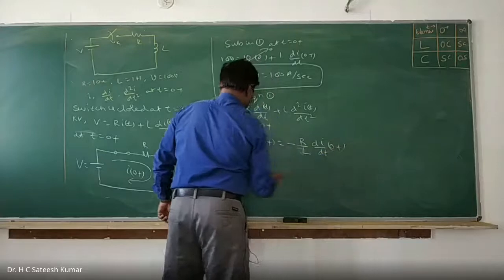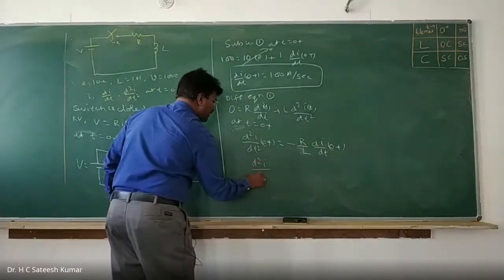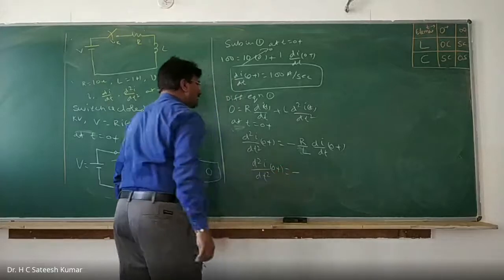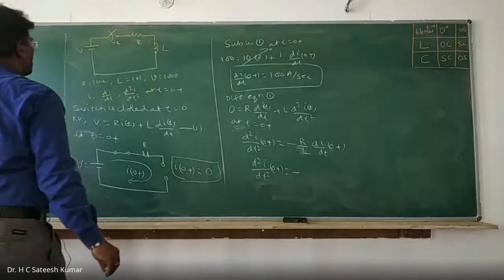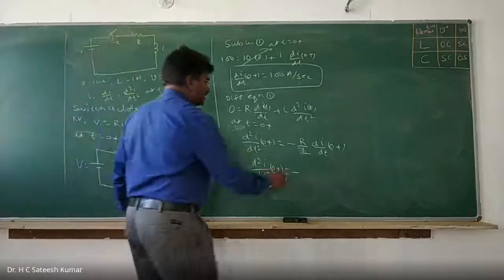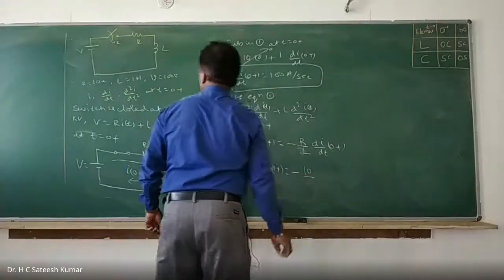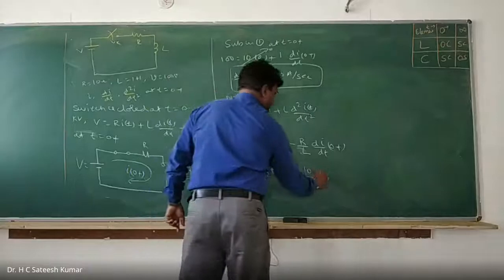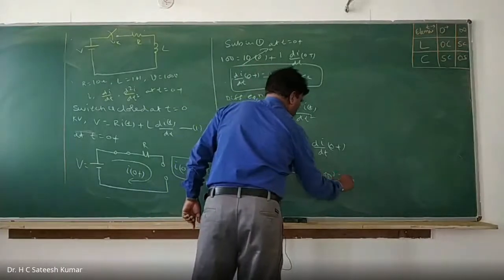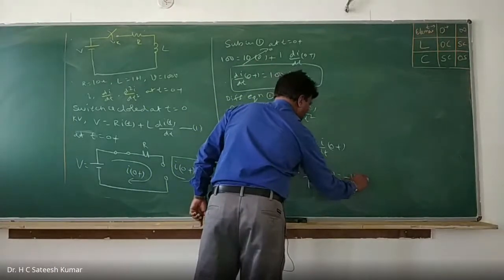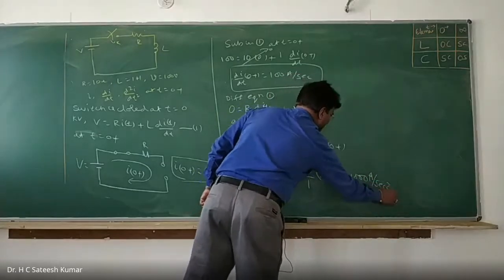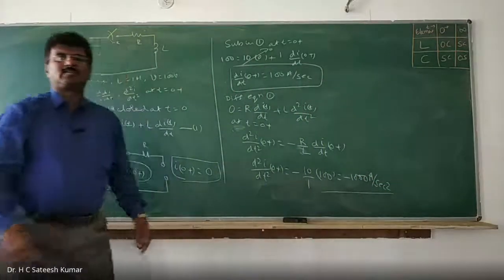Therefore, d squared i divided by dt square at 0 plus is equal to minus R, R is 10, divided by L, L is 1, into di/dt, 100, which is equal to minus 1000 amps per second square. That's it. That will fetch you 10 marks.